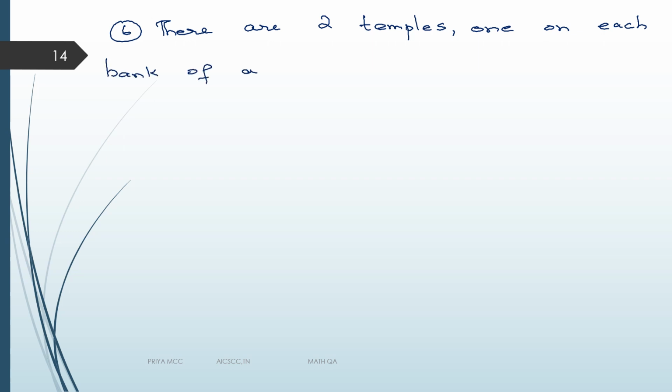Okay, now the next problem will be a slightly different problem. That's why I chose this. There are two temples, one on each bank of a river, just opposite to each other. One temple is 54 meters high.